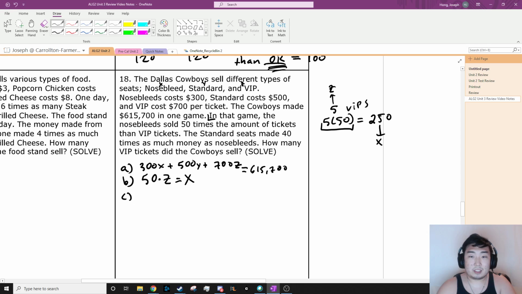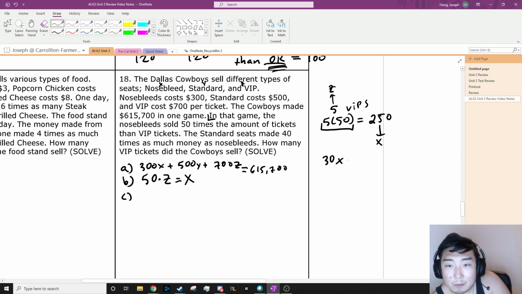The standard seats made 40 times the amount of money as the nosebleeds. So the nosebleeds costed $300 each, so 300x. And standard seats made 40 times as much money. So really, I multiply the other.